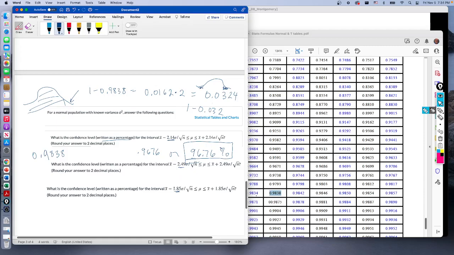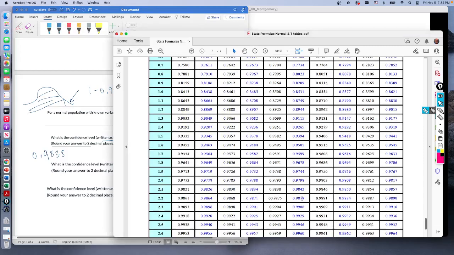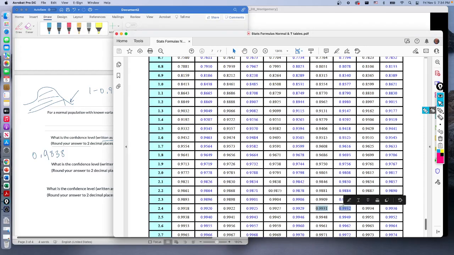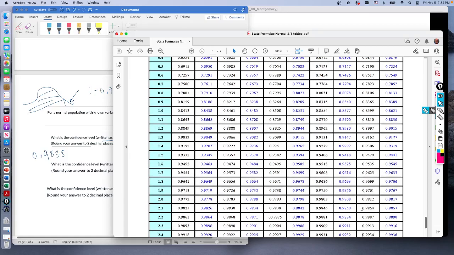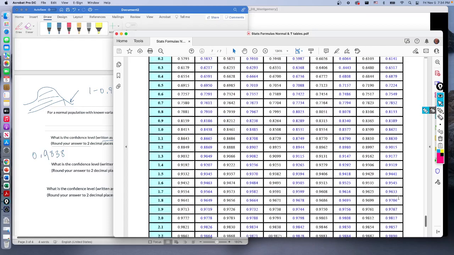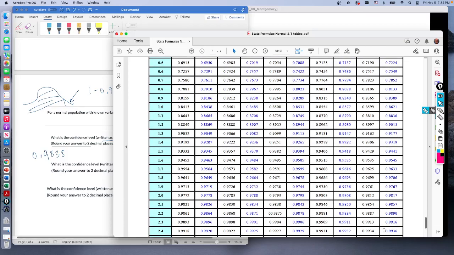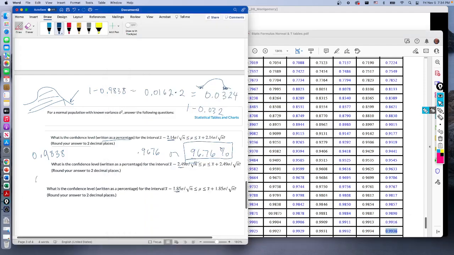Okay, so 2.49. Again, you just come over here. 2.4. There's 9. 2.49 would be all the way to the end. So 2.49 is going to be 0.9936. You're going to subtract that from 1, and you'll get a really small number.